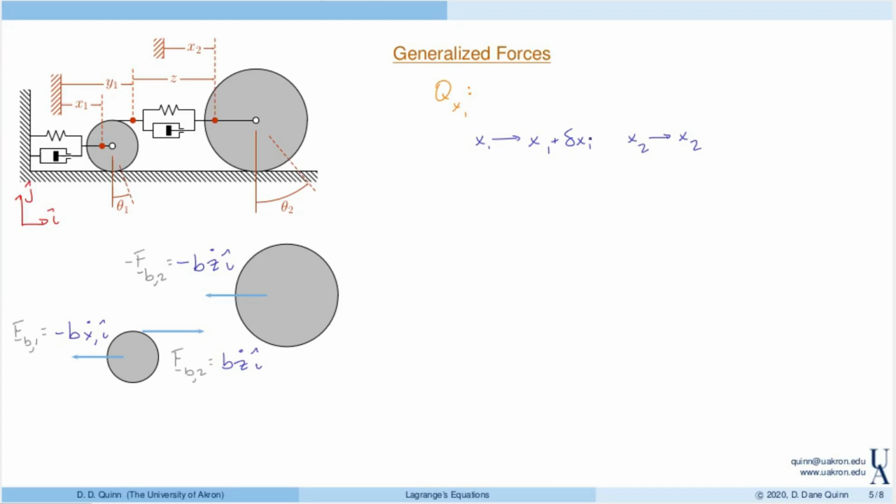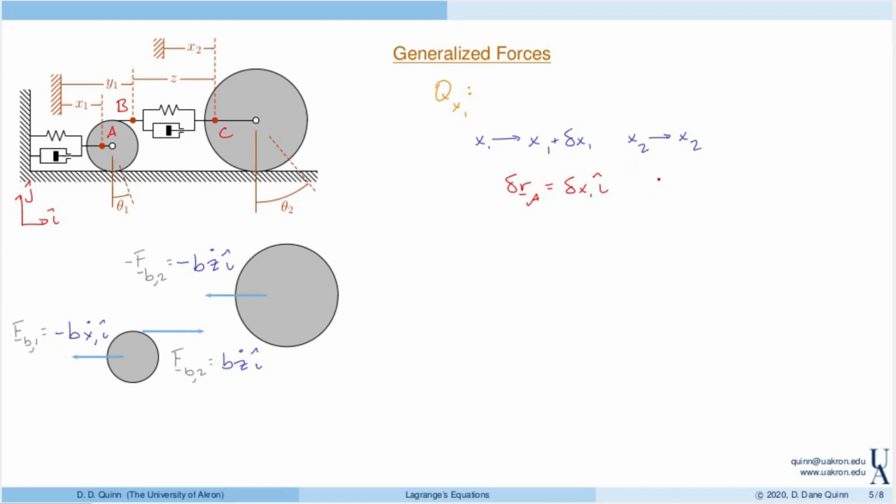So when we increment these virtual coordinates, I need to find out how much these forces are displaced. Right? So let's call this point A, and we'll call this point B, and we'll call this point C. So this force acts at A, and I need to determine how much A moves. Well, if x1 is incremented, then A moves by the same amount, so delta x1 in the I direction.